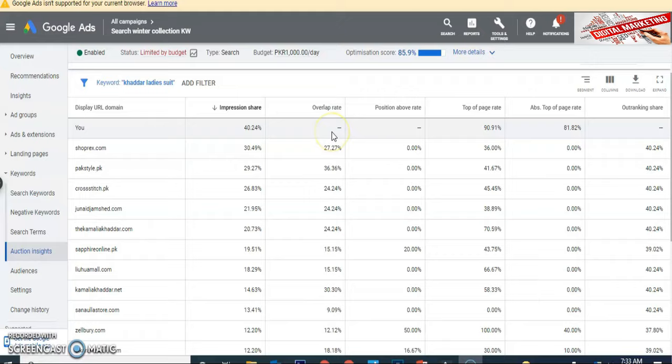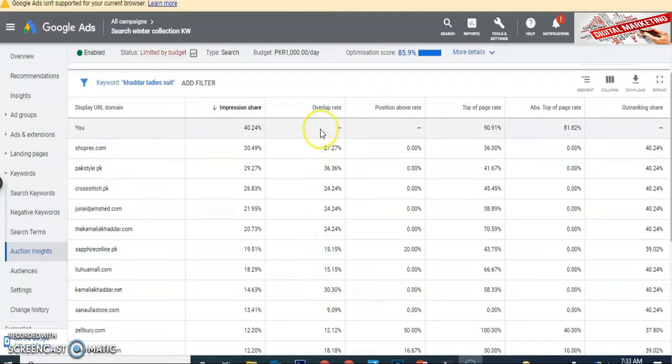There are four ads on the first page. If your ad is appearing on the first position, then 36% of the time parkstyle.pk is also appearing with your ad. 24% of the time cross stitch will also appear with your ad. Junaid Jamshed 24%, Sapphire is 15%, Kamalia Khaddar is 30%.